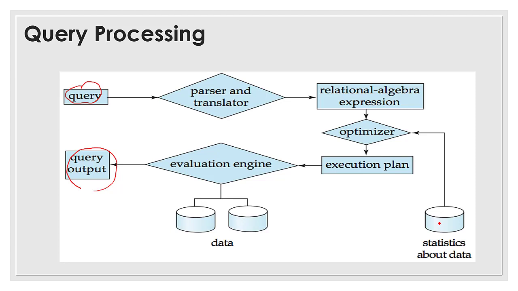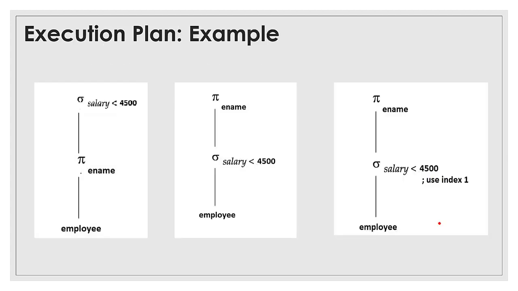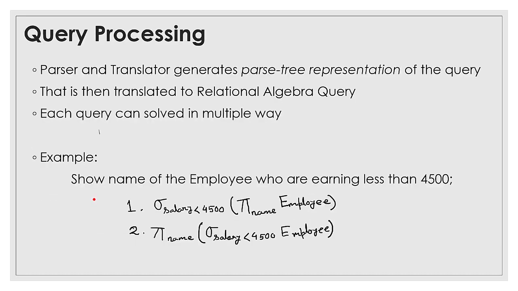Now, this is an example of our execution plan. In the first relational algebra expression, we are projecting the name, after selecting those employees where the salary is less than 4,500. So this is an evaluation plan for this relational algebra expression.